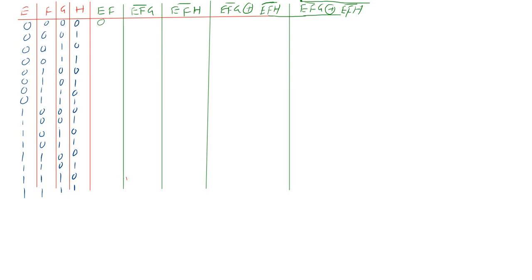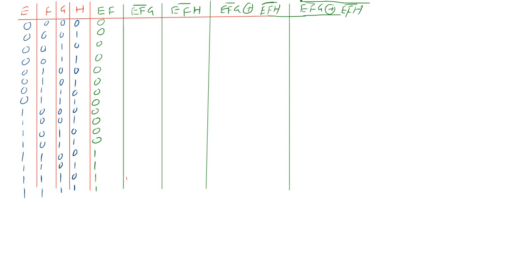So we shall have 0, 0, 0, 0, 0, 0, 0, 0, then we have 1, 1, 1, 1. This is because E and F are both 1 at these rows. So that is that column.